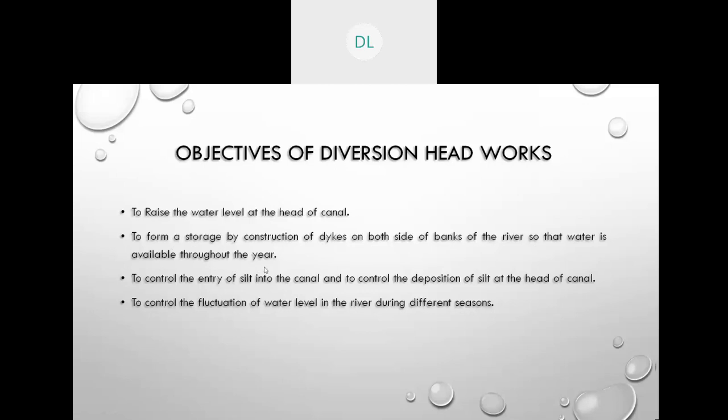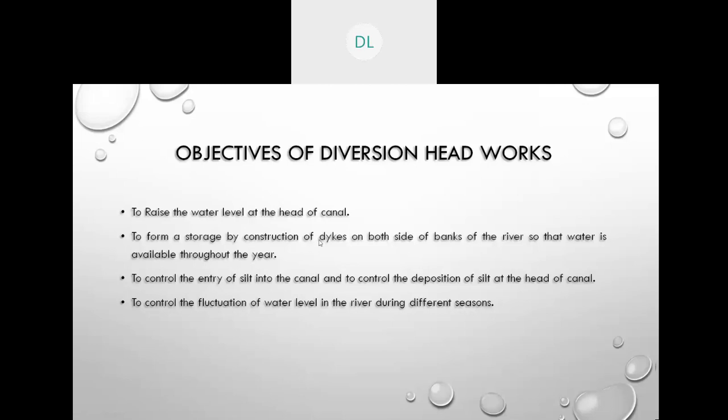When we create a barrier like a weir or barrage, the water level will go up, and if we want to hold some of the water upstream of the weir, then we also have to take the banks up through construction of these dikes.